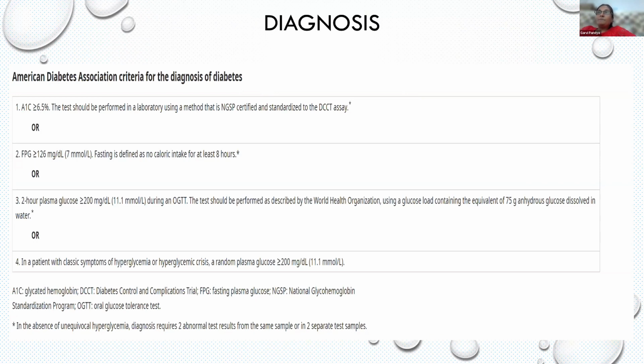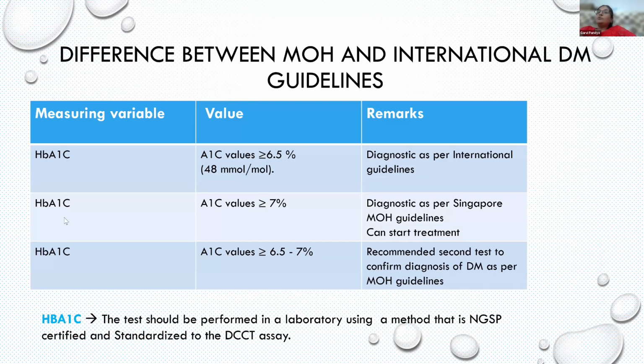We call it OGTT. So now coming to the HbA1c, as I previously mentioned, HbA1c was not initially included in the MOH guideline for the diagnosis. Now in the updated guidelines, the government has included the HbA1c, but our cutoff is different from the American guidelines. Our cutoff is 7% for the Asian population for the diagnosis of diabetes as well as to start the treatment.